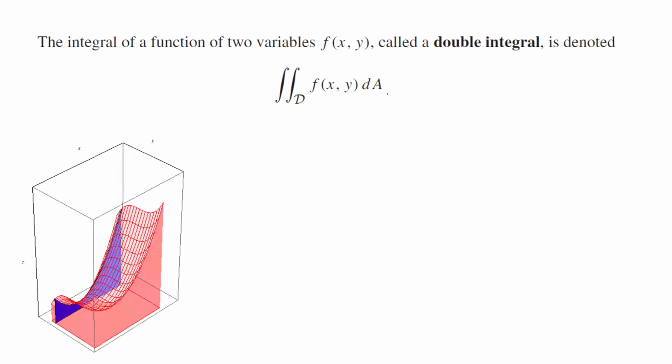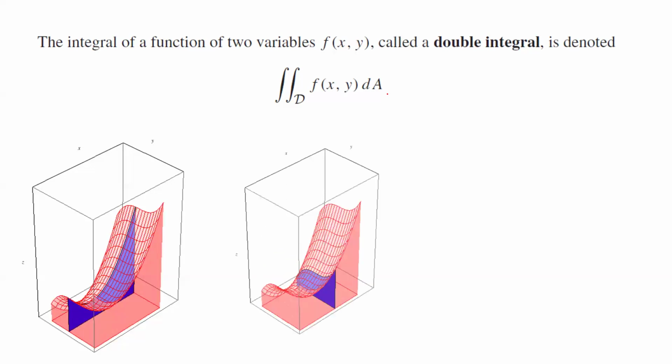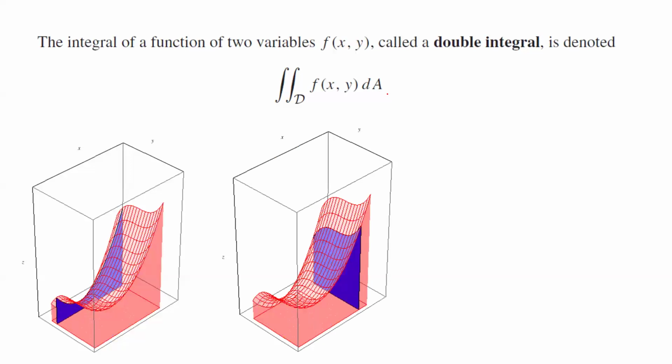So basically, we're trying to find the volume or the joint probability or another concept that you learned in calculus. You had the integral, now you're working with the double integral.